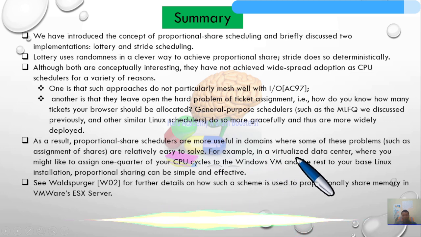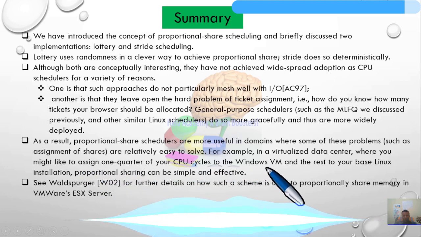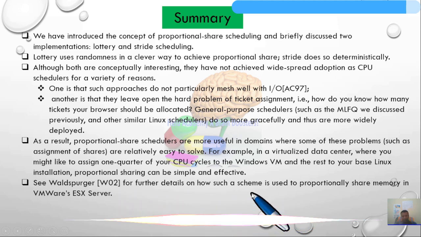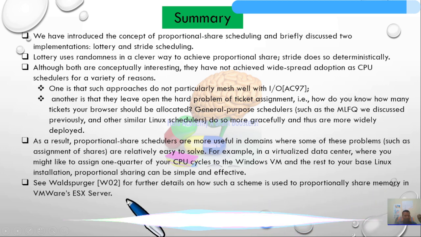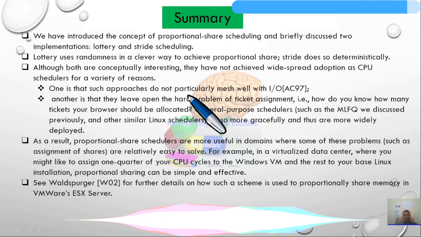For example, in a virtualized data center, where you might want to assign a quarter of your CPU cycles to the Windows virtual machine and the rest to your basic Linux installation. Proportional share can be simple and efficient. See the reference for further detail on how such a scheme is used to proportionally share memory in virtual machines, in VMware's ESX server. So in general, this is the other type of scheduling.